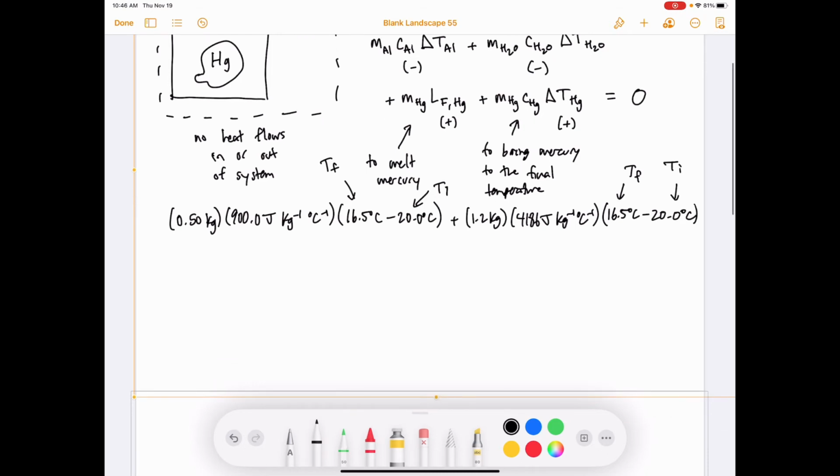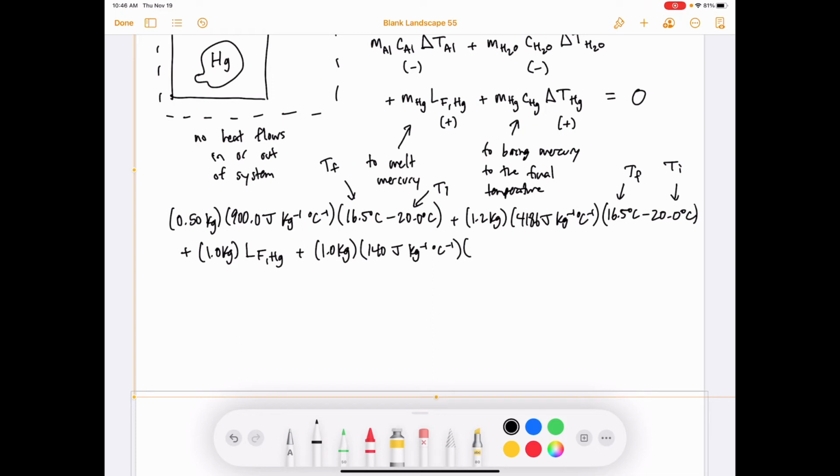Okay, next, we have the mass of the mercury, which is 1.0 kilograms. The latent heat is what we're trying to find, so we'll leave that as an unknown. And then we have in our final term, the mass of the mercury, which is 1.0 kilograms. The specific heat of the mercury is 140 joules per kilogram per degree Celsius.